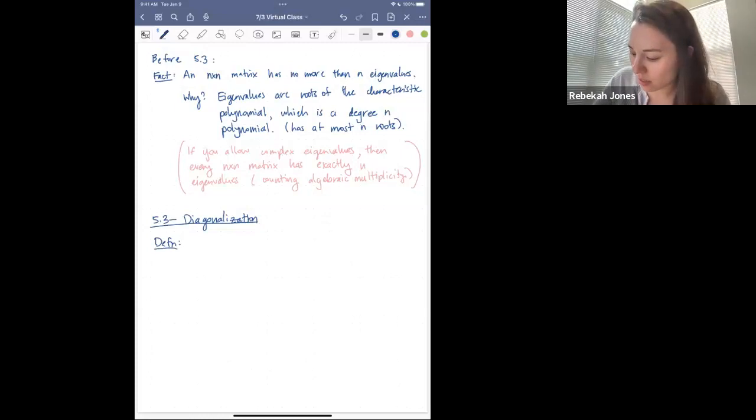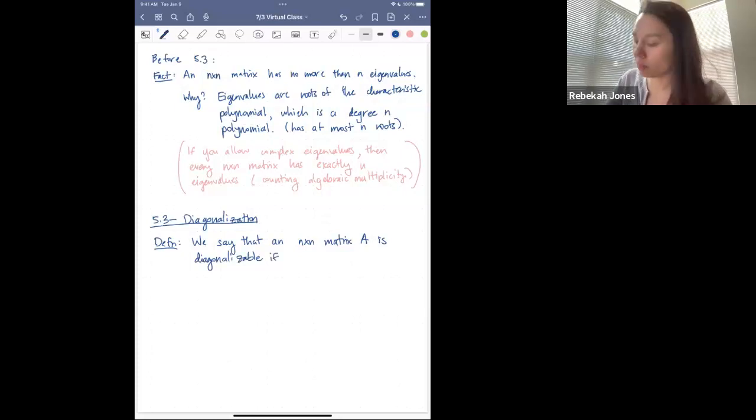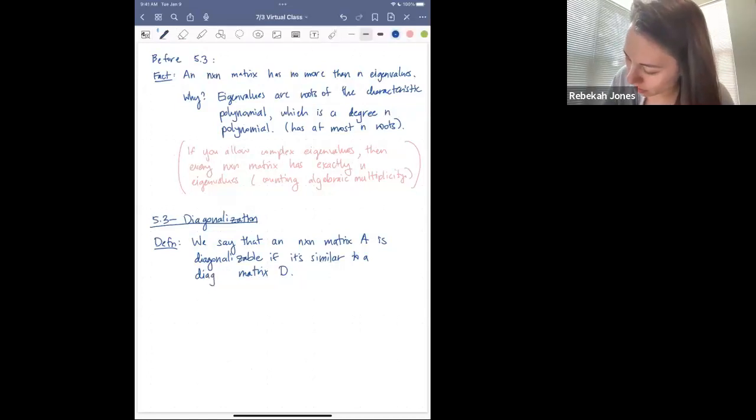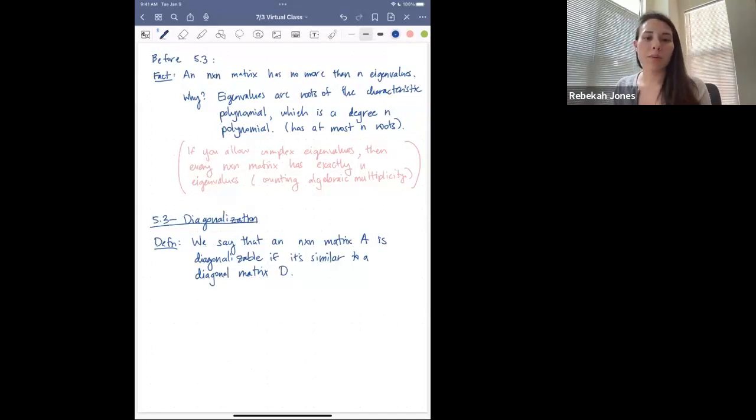So we say that a square n by n matrix A is diagonalizable if it's similar to a diagonal matrix. We'll call that matrix D, right?